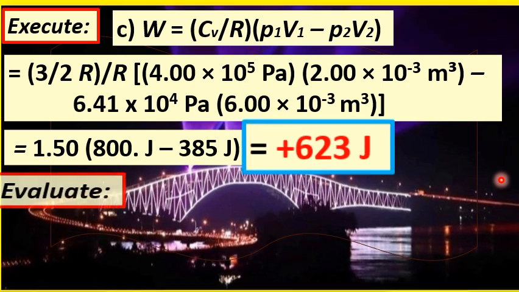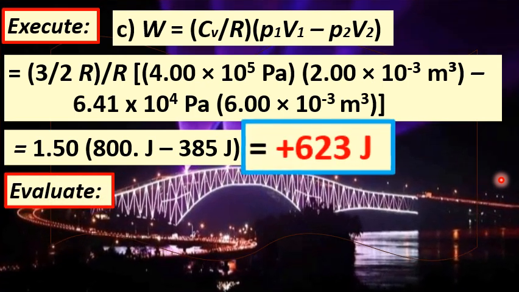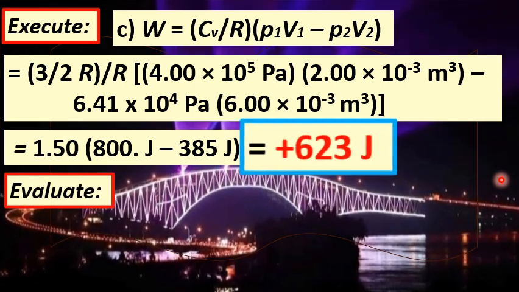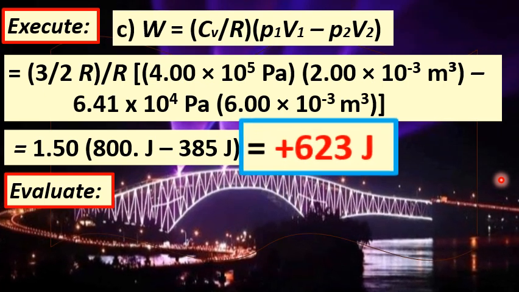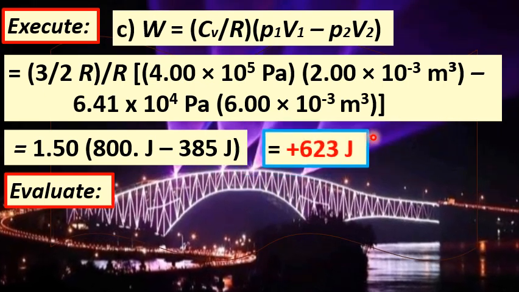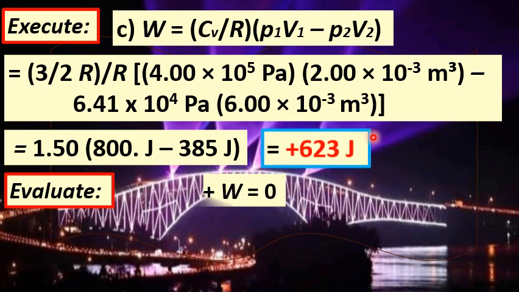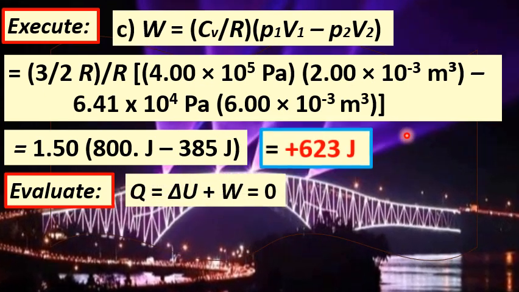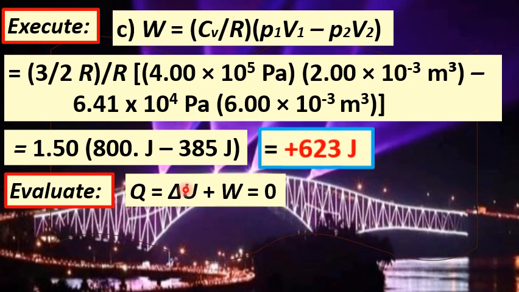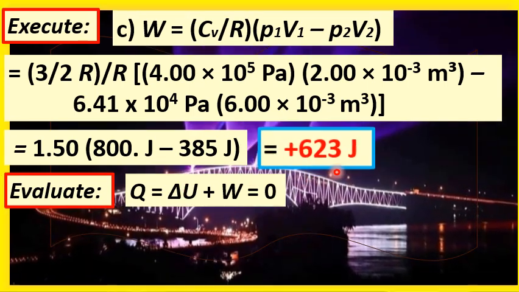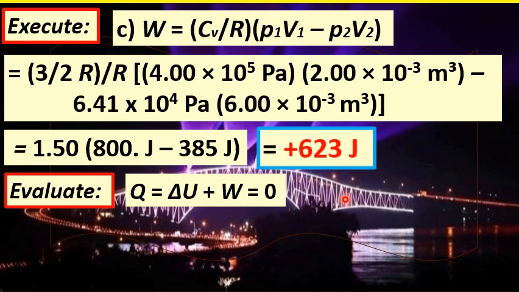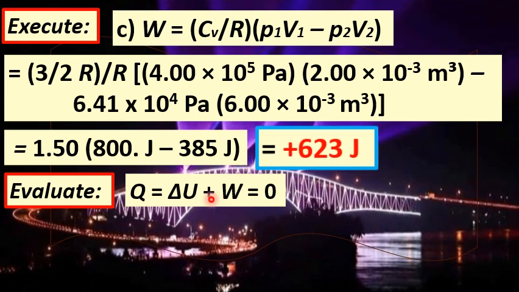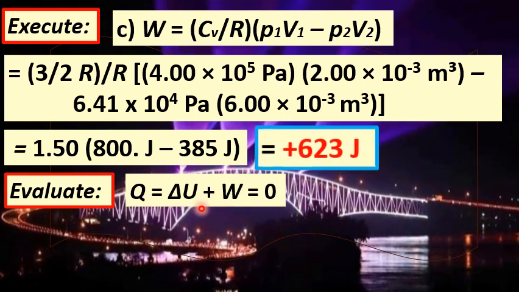And we can evaluate our answer by citing the first law of thermodynamics, right? So this positive work done by the gas is just equal to the negative delta U, or the change in the internal energy.